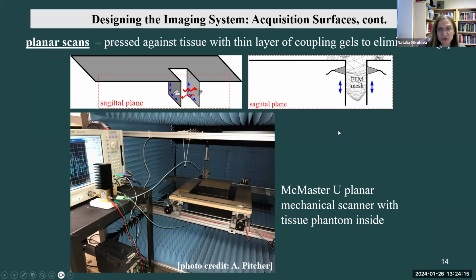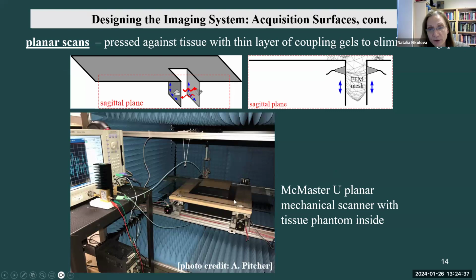At McMaster University, following the advice of our radiologist and biomedical imaging experts, we are developing a planar scanning system such as in mammography, where the organ is to be placed between two flat plates and scanning is to be performed on planar surfaces.